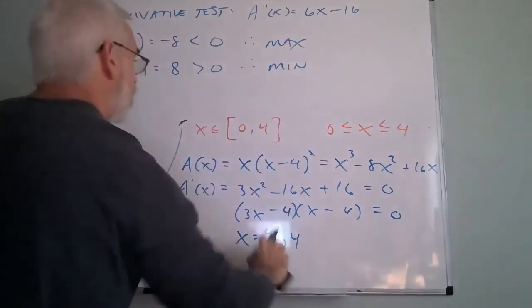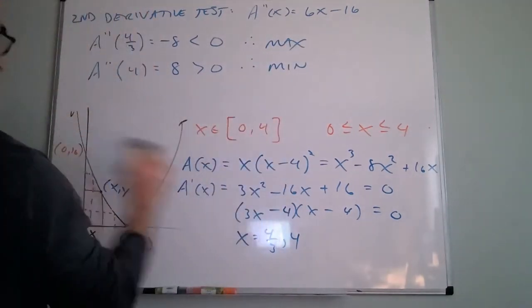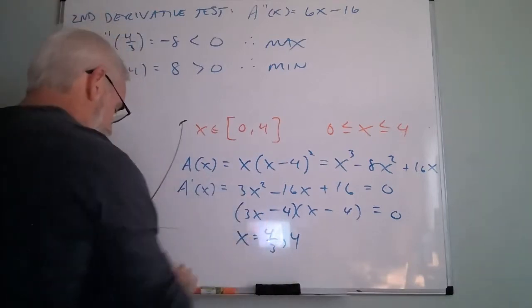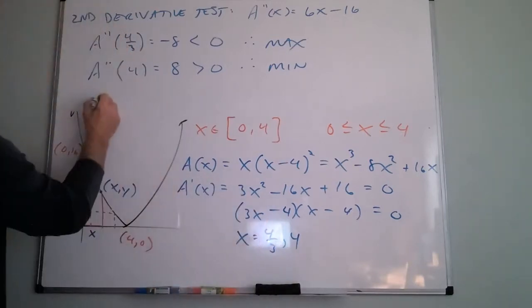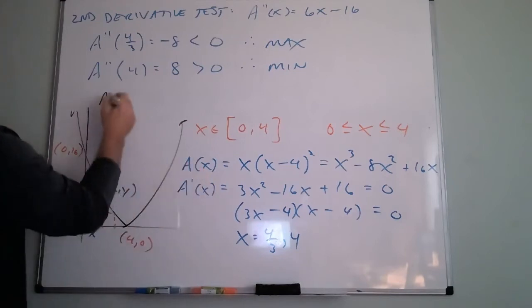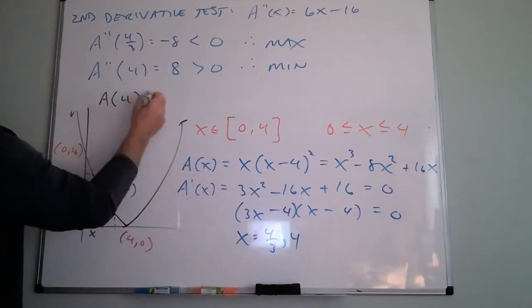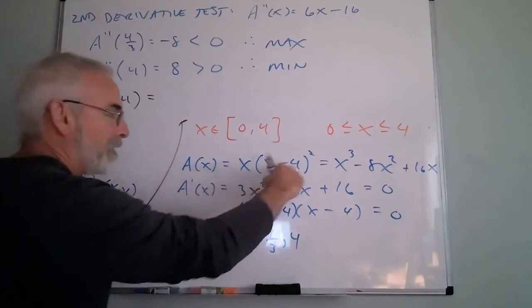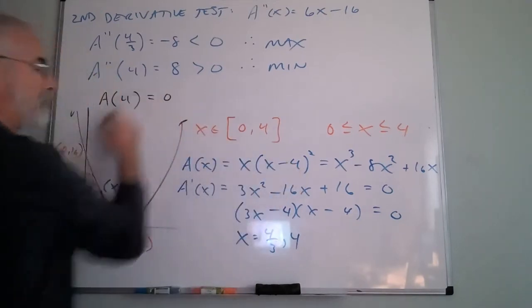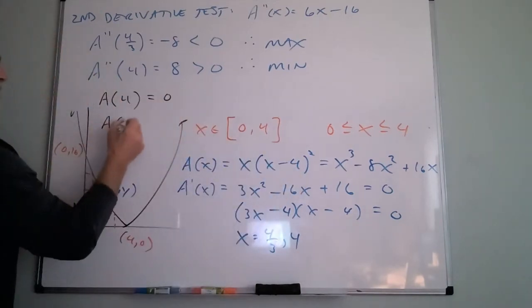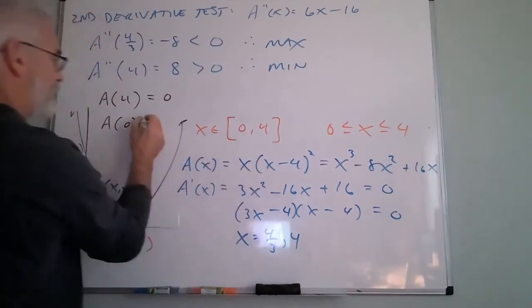If I do the extreme value theorem, let me do that one. If I did the extreme value theorem, then I'd be saying A of 4. Well, what's A of 4? 0. A of 0 is 0.